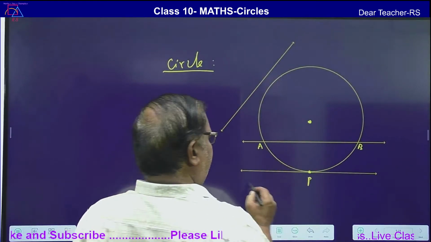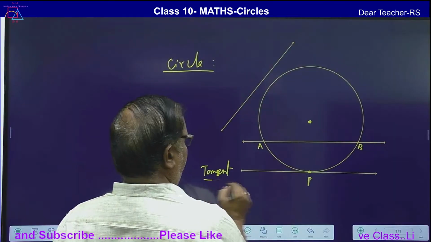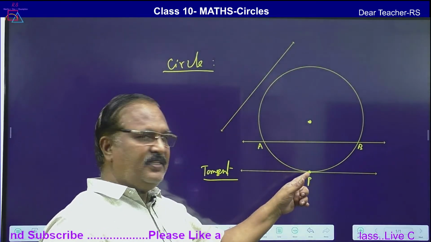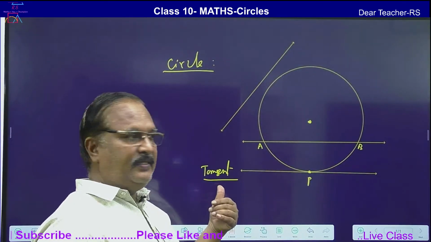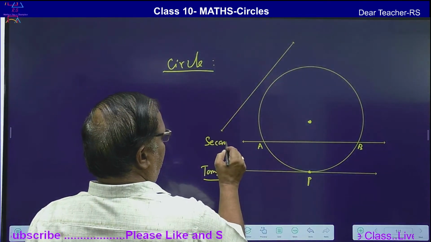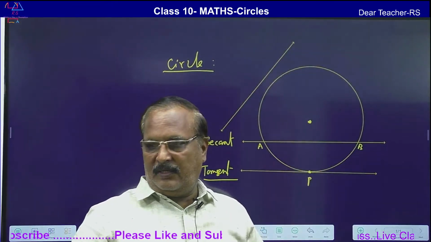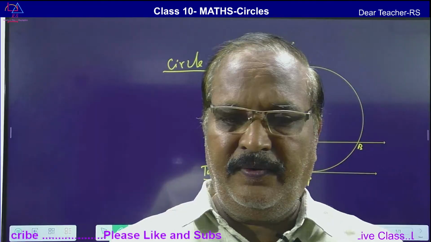The line which touches the circle at one point we call a tangent. Whereas the line which touches the circle at two different points we call a secant of the circle.